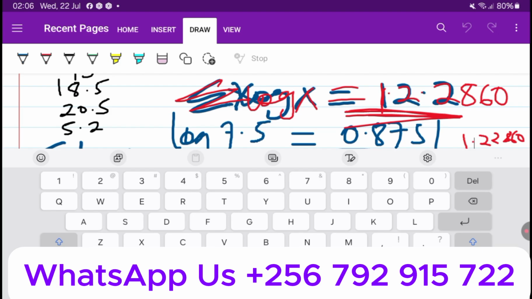You press the shift key, then you press log, and then you type 1.22860. It will give you 16.9277 something.